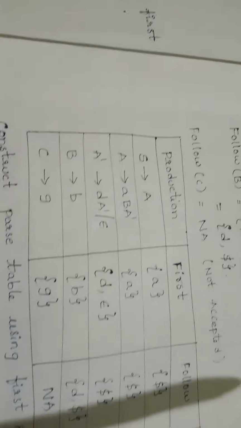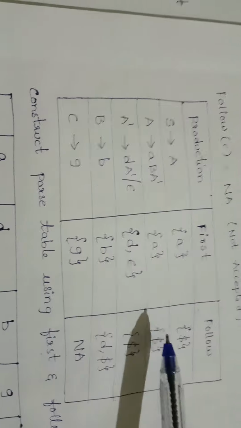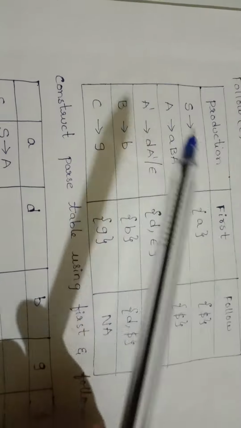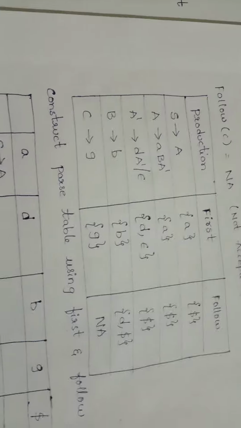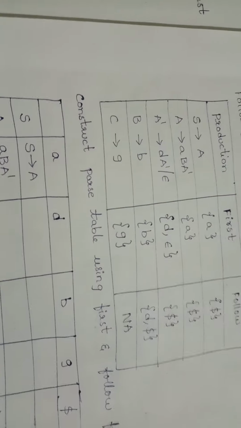So after calculating the first and follow functions, I have written the productions, first and follow functions like this: S tends to A, A tends to AB A dash, A dash tends to DA dash or epsilon, B tends to B, C tends to G. Whatever we have calculated, I have written in this tabular format.